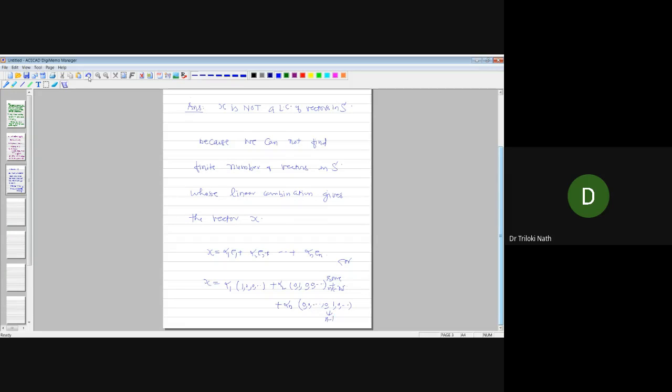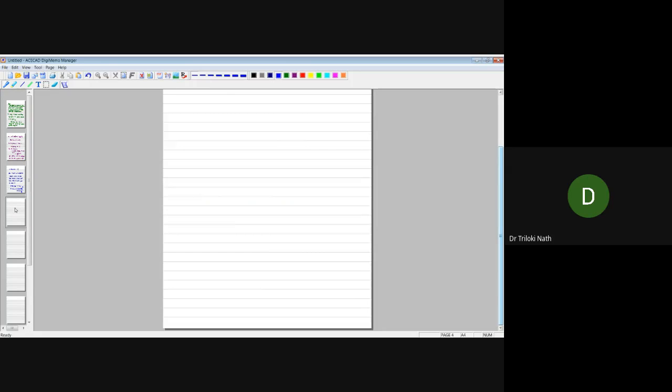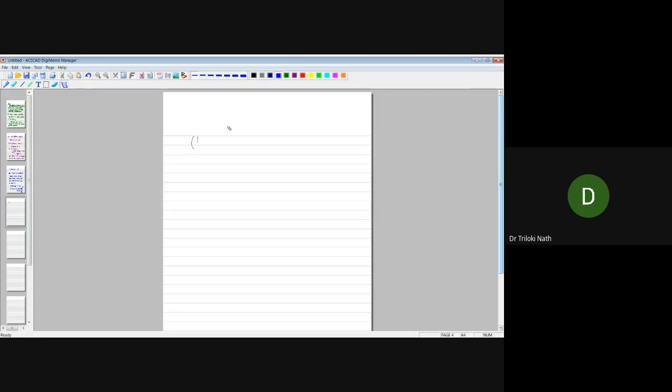Now x means 1, 1/2, 1/3, and so on, 1/n, after that 1/(n+1), 1/(n+2), all these are terms in x.